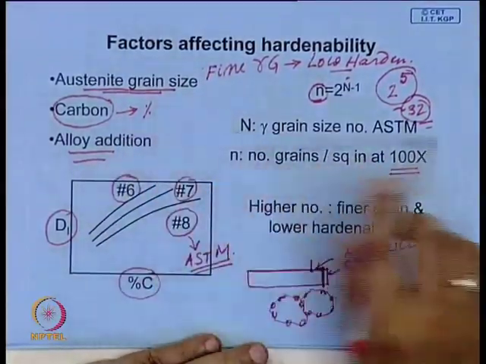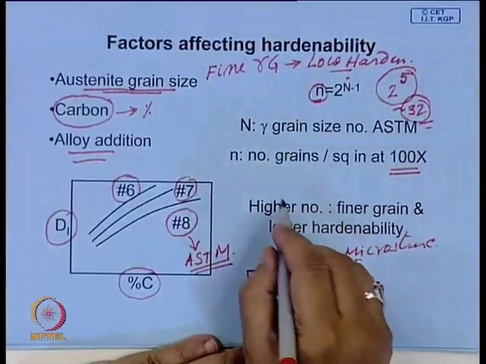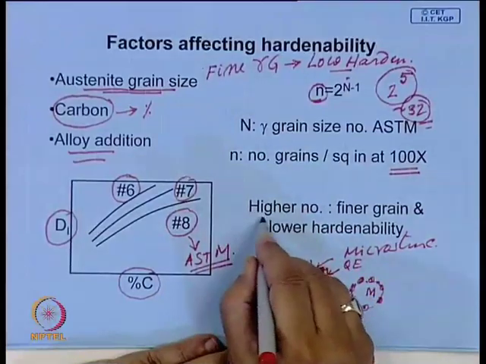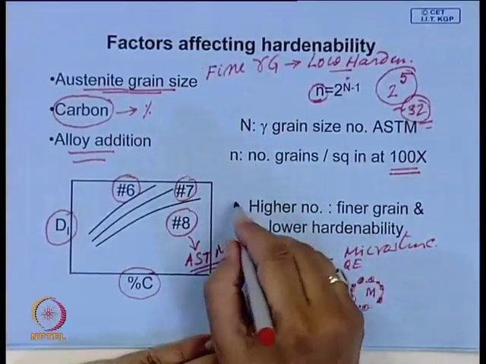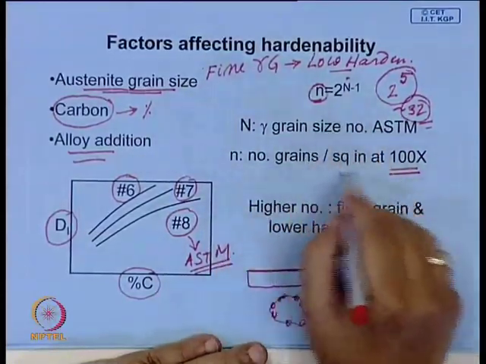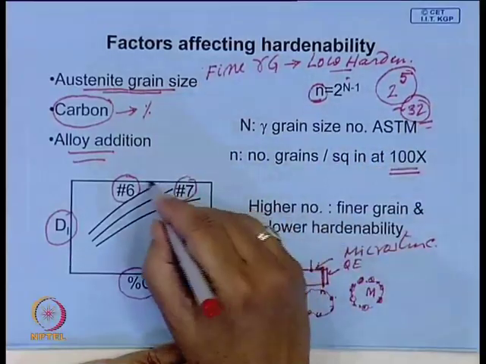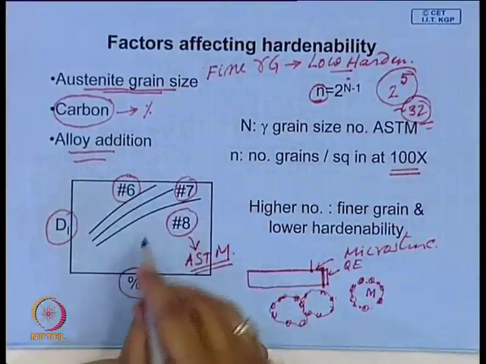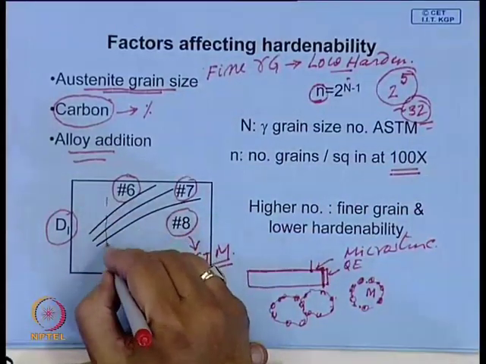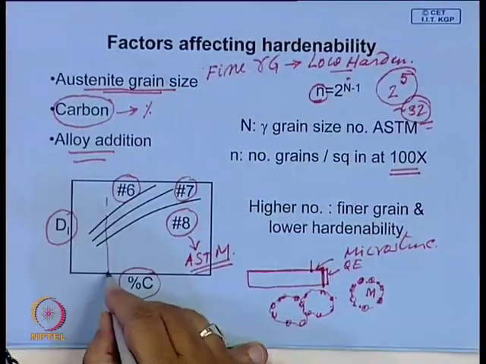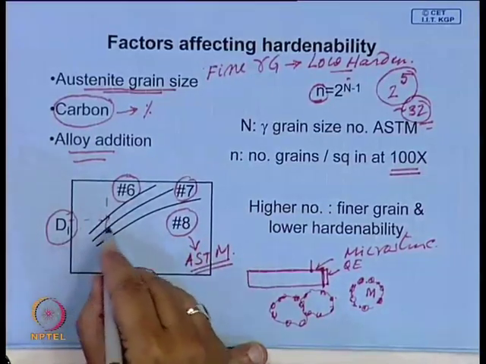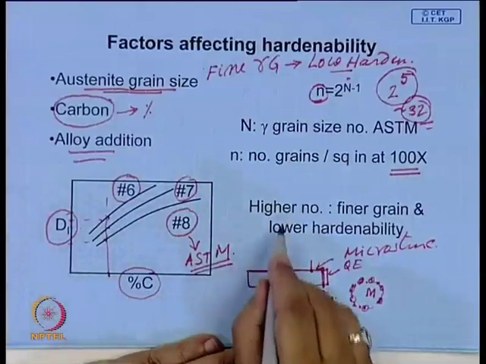It is possible to convert them, but that is for theoretical purposes, to maintain SI units. But the point is that per unit area, this index represents the number of grains. So, if you look at this, for a given composition, if the grain size is coarser, the ideal critical diameter increases.